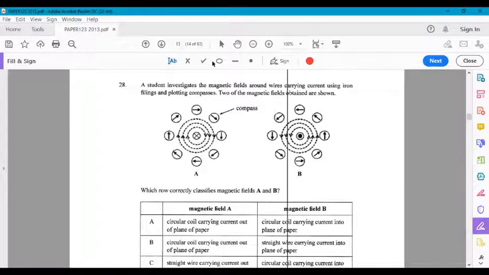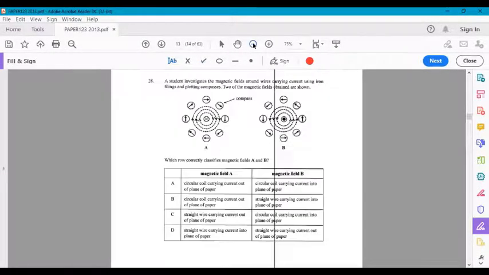Number 28, a student investigates the magnetic fields around wires carrying current using iron filings and plotting compasses. Two of the magnetic fields obtained are shown. Which row correctly classifies magnetic fields A and B? All right, there are a couple of things that we need to look for. Remember, a magnetic field is a vector quantity, so we need to look at the direction of the field, okay?